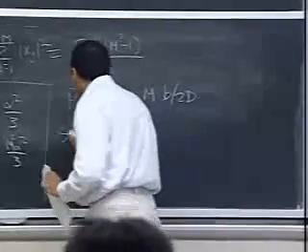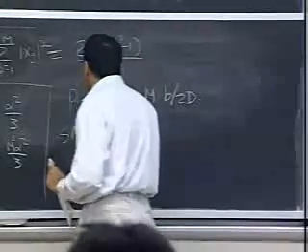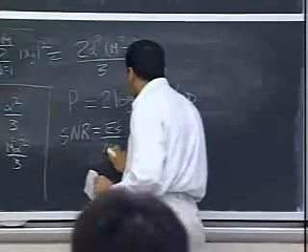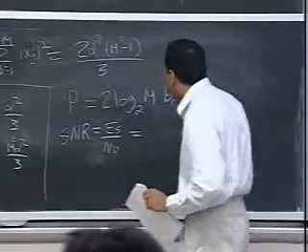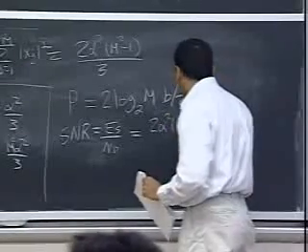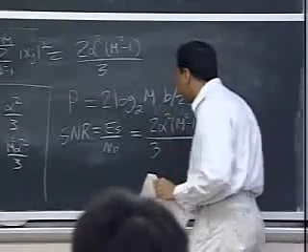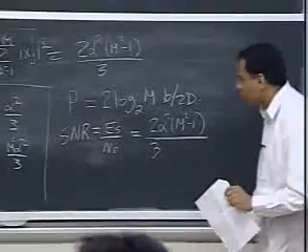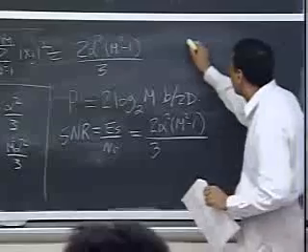The SNR here is ES over N0. So it's 2 alpha square m square minus 1 over 3 n naught. But remember, n naught by definition is 2 sigma square, because sigma square is n naught over 2.